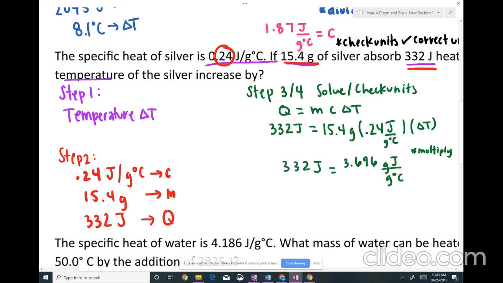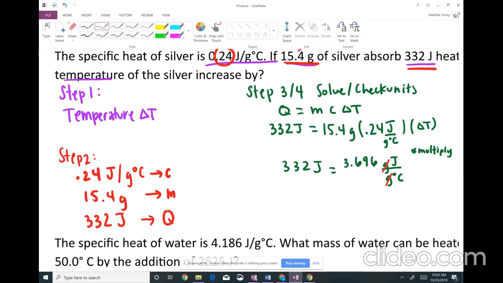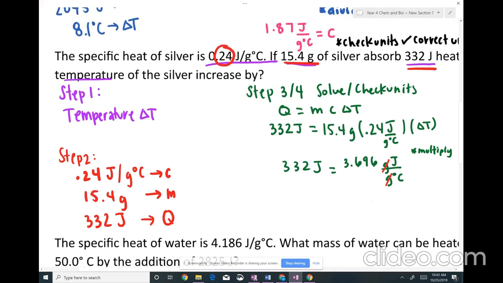I have grams on the top and grams on the bottom, so those cancel. So in reality, what I actually have is 3.696 joules over degrees Celsius equal to 332 joules.